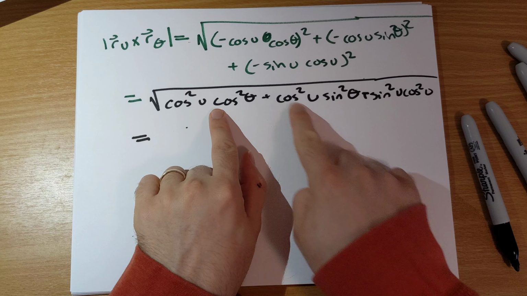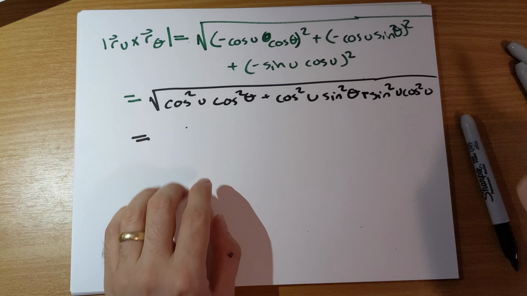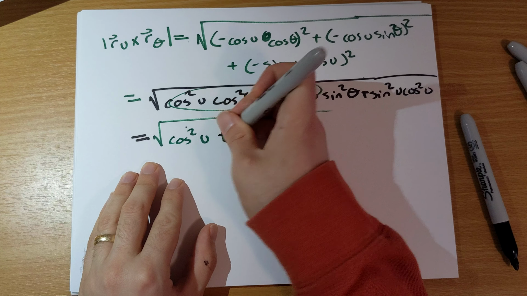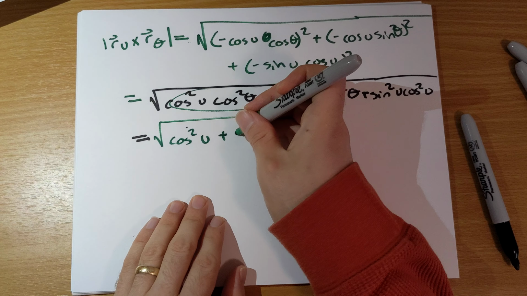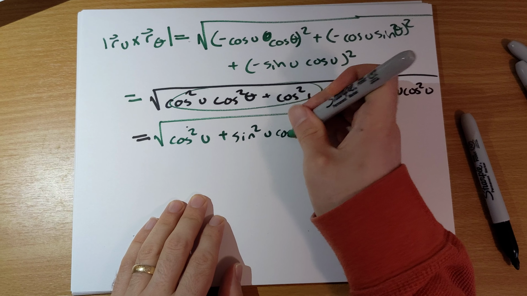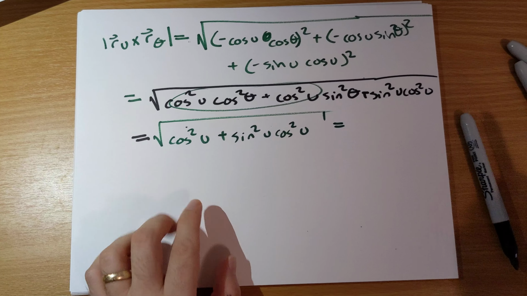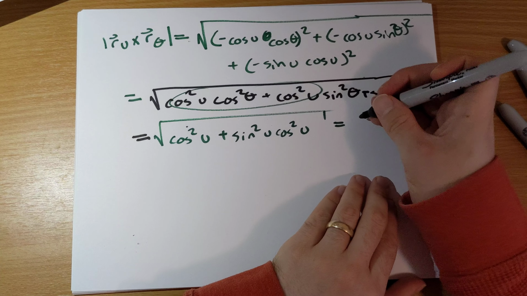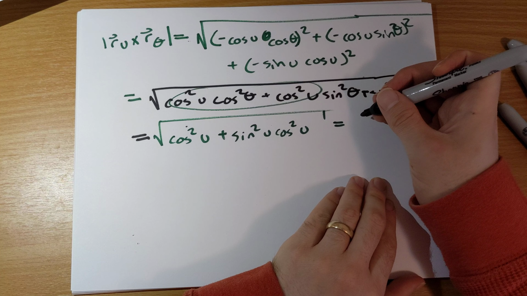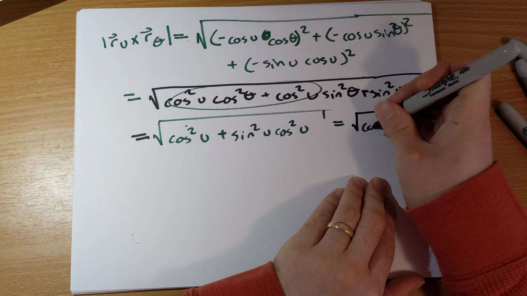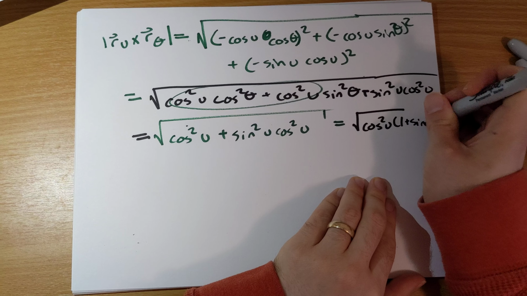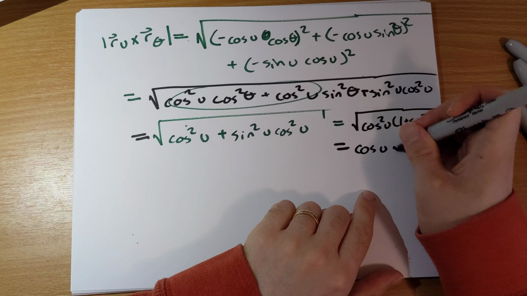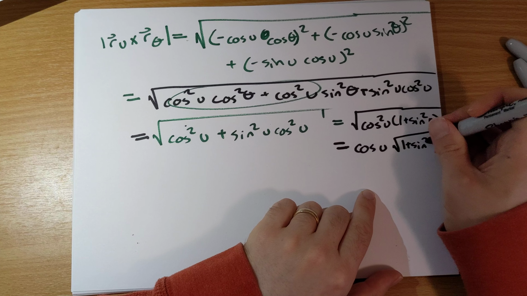Okay, cosine squared u times cosine squared theta plus sine squared theta. That just becomes cosine squared u plus sine squared u cosine squared u. We can factor out a cosine squared u here, and we end up with cosine squared u times 1 plus sine squared u. And this is equal to cosine u times the square root of 1 plus sine squared u.